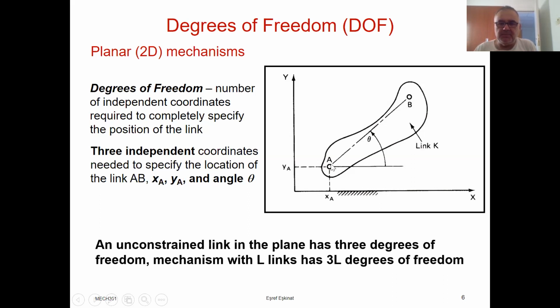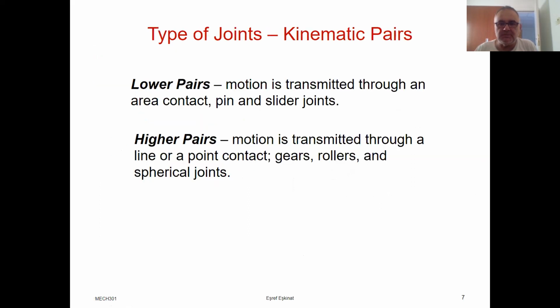But the problem is there are joints, and the joints reduce the degree of freedom of the mechanism. The joints are also called kinematic pairs.